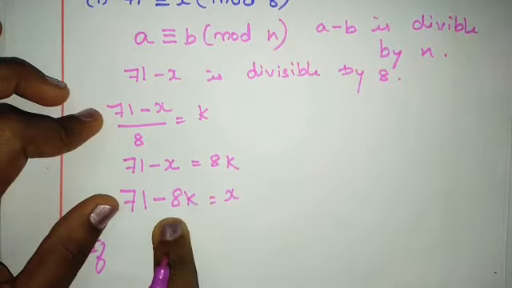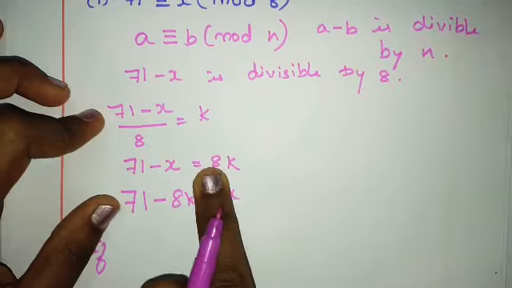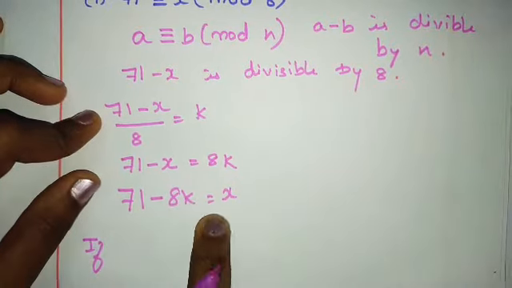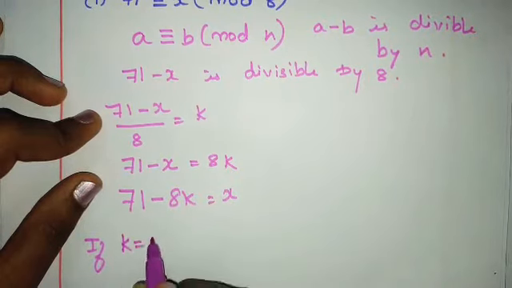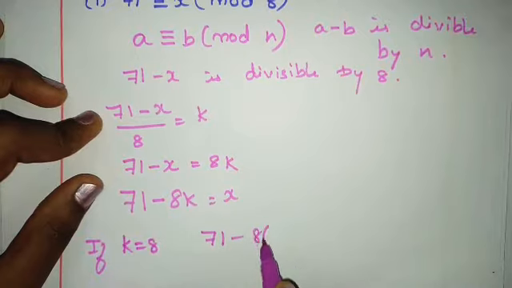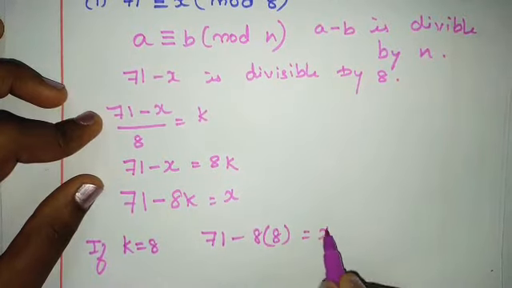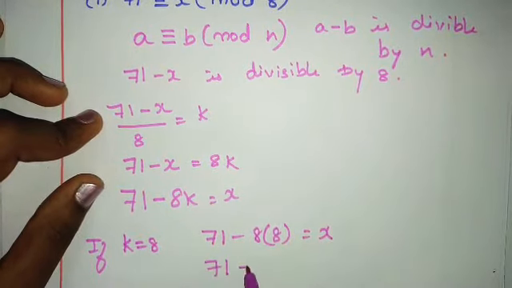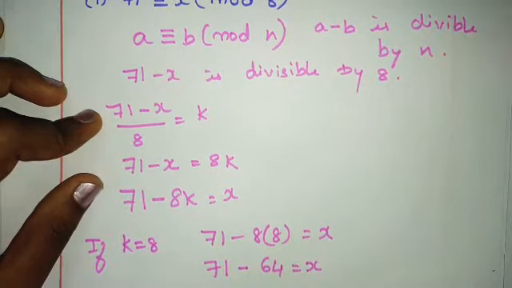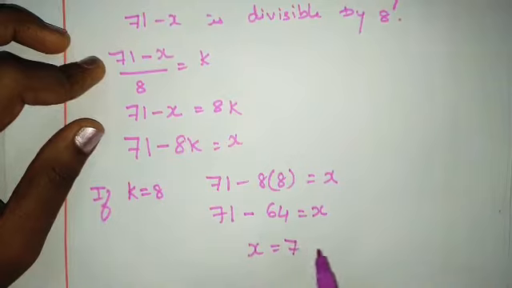Let me check with 9. 8 nines are 72, which is greater. So k is equal to 8. Substitute there: 71 minus 8 into 8 is equal to x. So 71 minus 64 is equal to x, that is x is equal to 7.